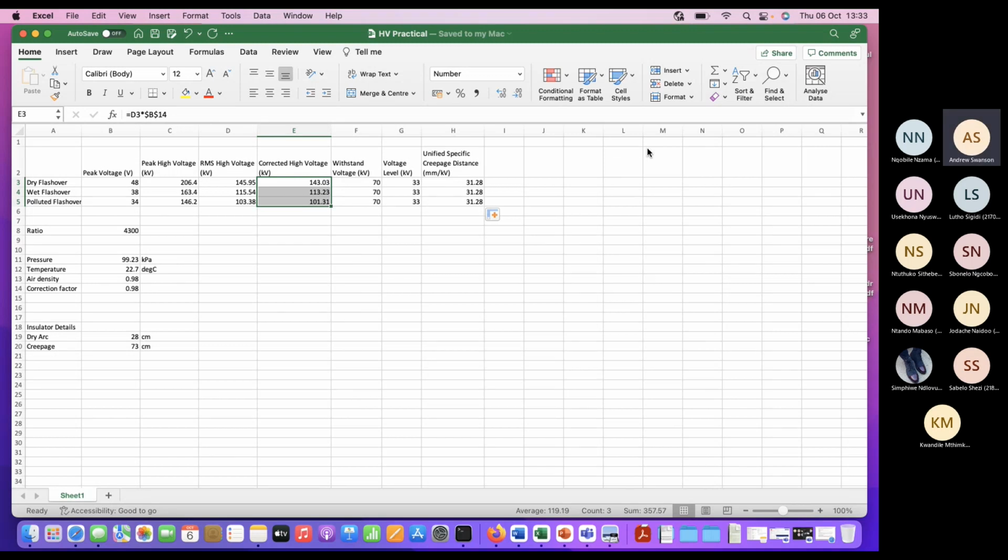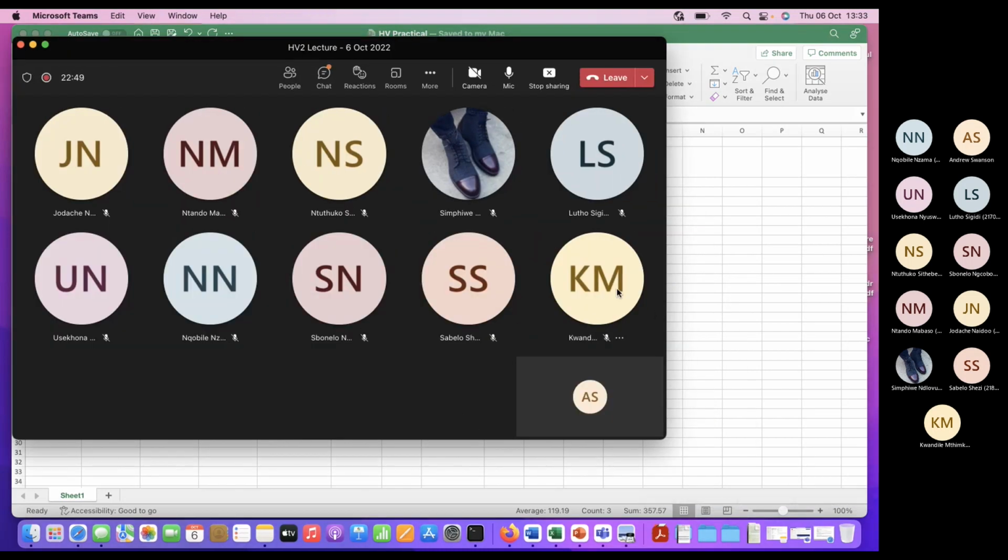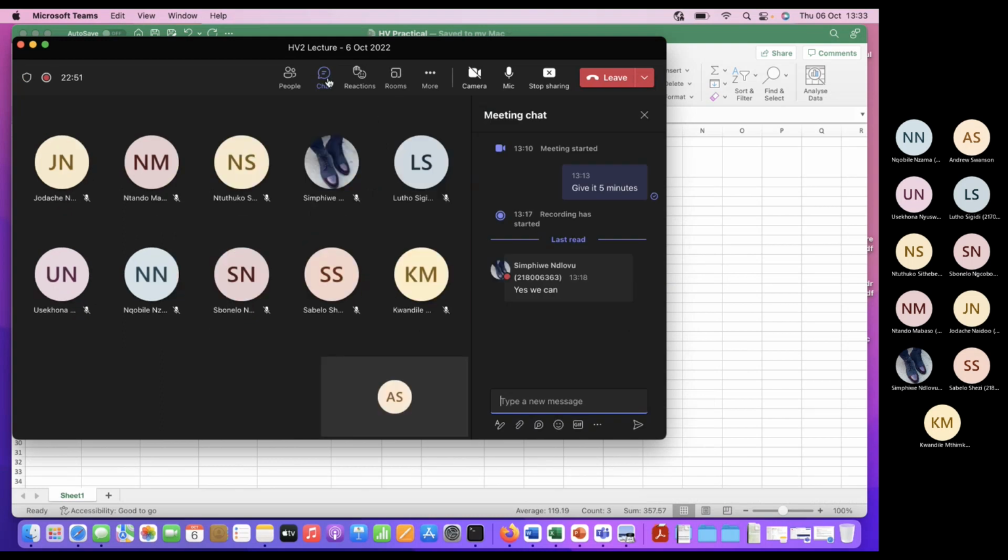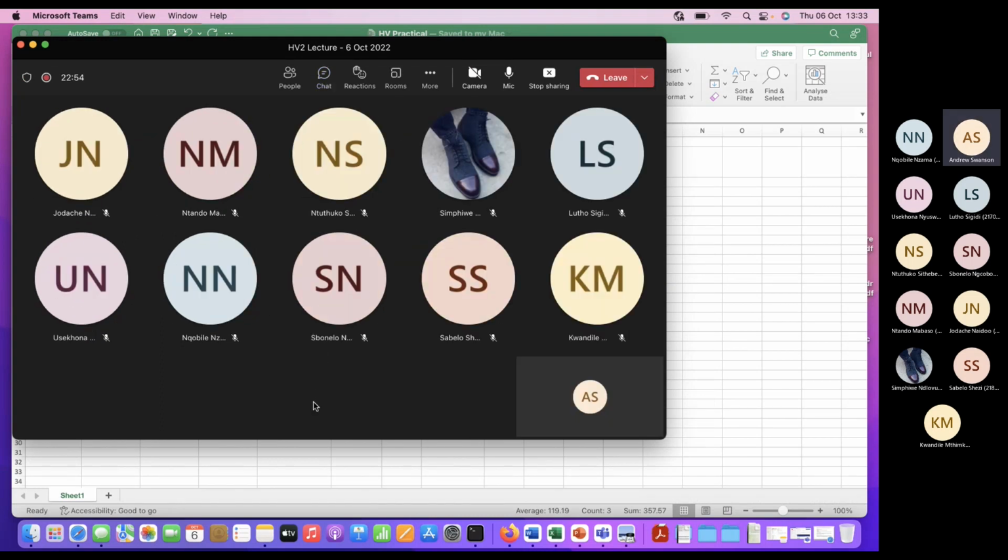All right, any questions about that? Right, so I'm assuming based on what I've given you here, I would be able to give you some flashover voltages in peak or peak to peak in the main assignment, and you'd be able to determine the voltage rating based on the tables.